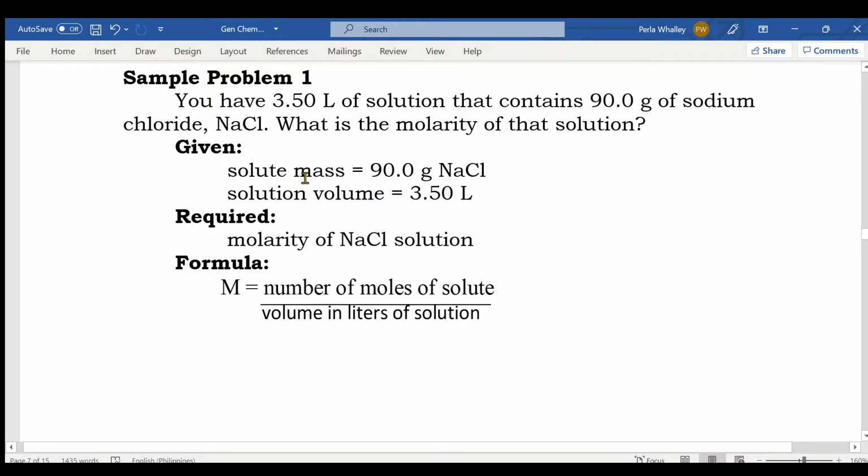The solute is present in lesser amount and the solvent is present in greater amount. In this case, 90.0 grams of sodium chloride is present in lesser amount in 3.50 liters of solution. Required: molarity of the solution, which is NaCl solution, and we have the formula.